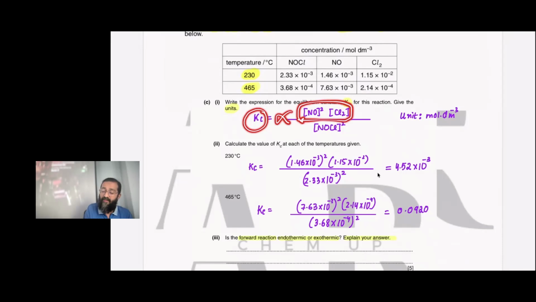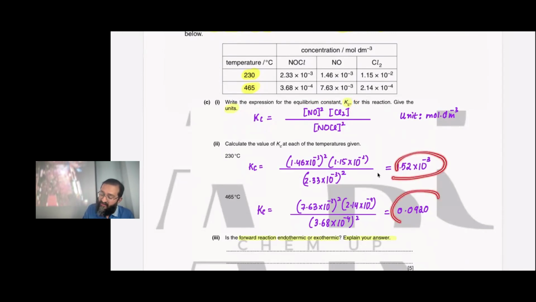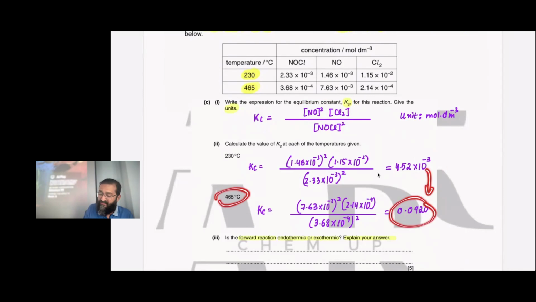Okay, so it means if the Kc increases, there is more product. And if the Kc value is lower, then there is less product. So if you compare these two values, at which temperature did we have a greater Kc value? Yes, 465 has a greater Kc value than the Kc value at 230, right?